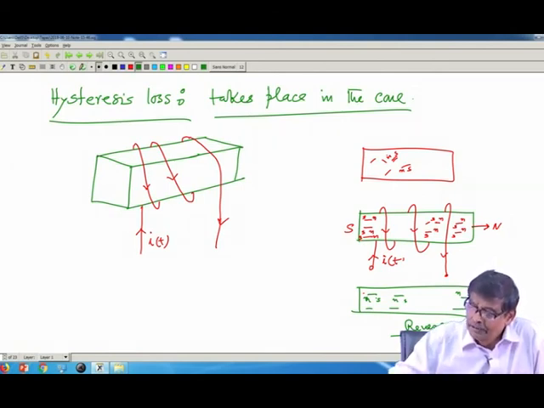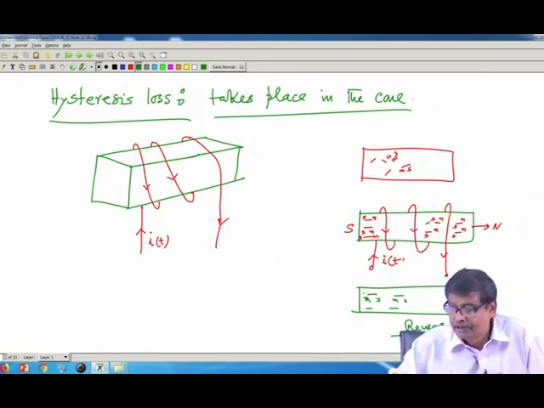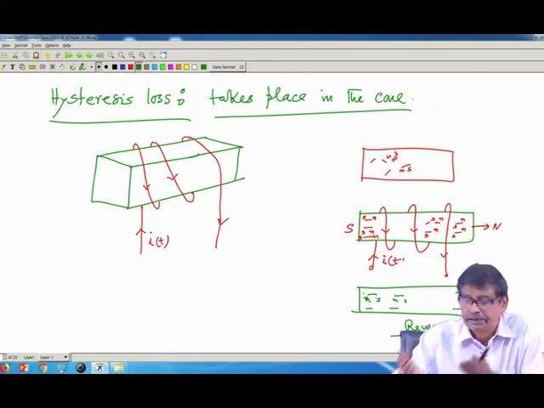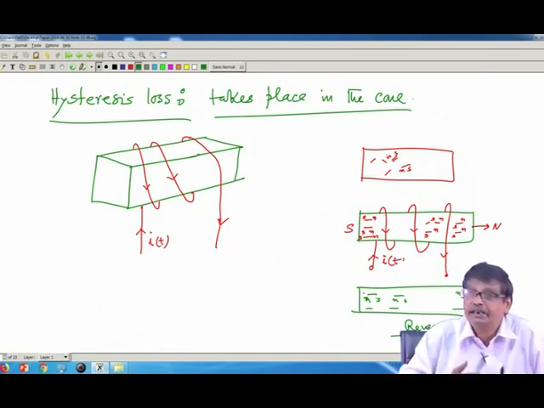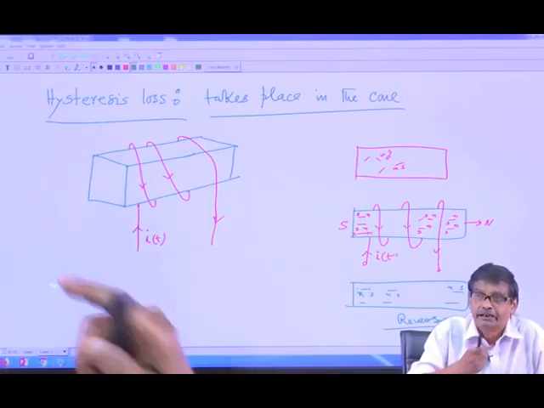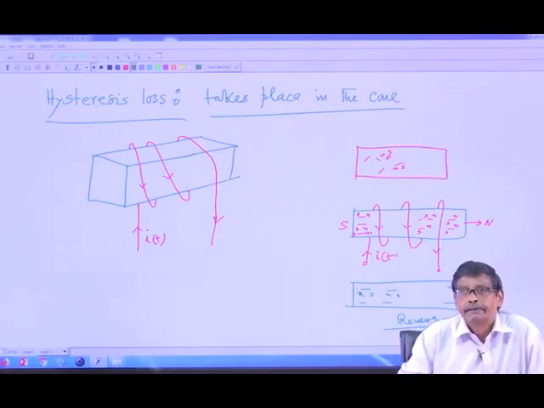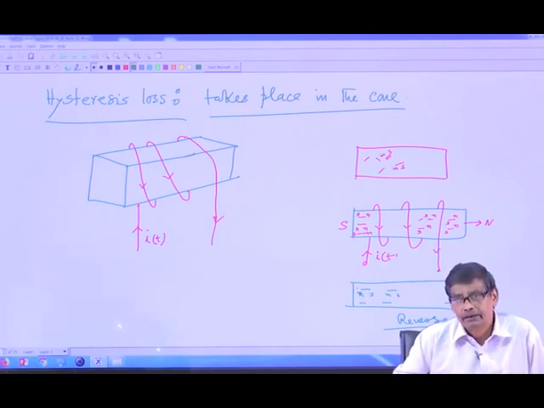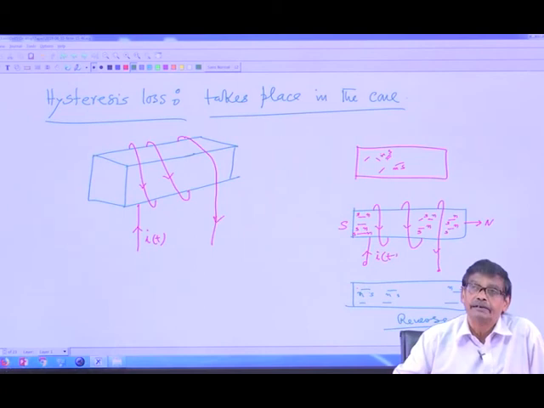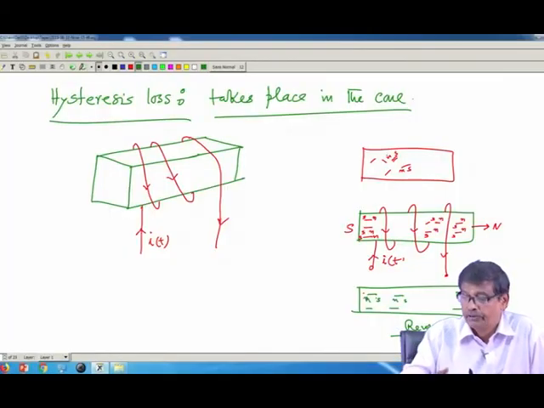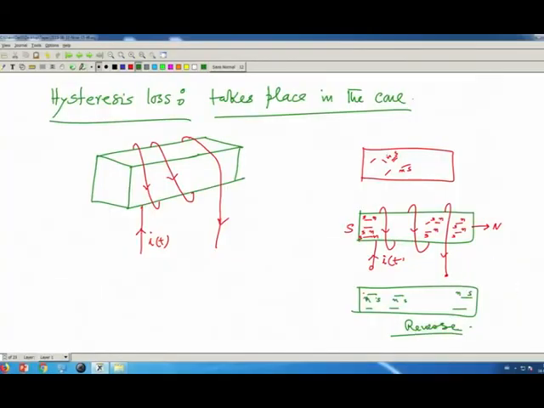Each molecular level tiny magnet will be sometimes aligned this way, sometimes that way. Therefore, the core will be heated up not only because of eddy current but because of something else. And this loss is called hysteresis loss, and we will continue with this in the next lecture. Thank you.